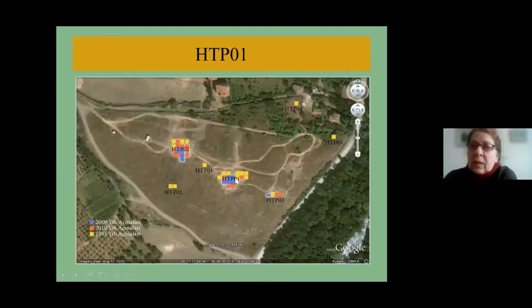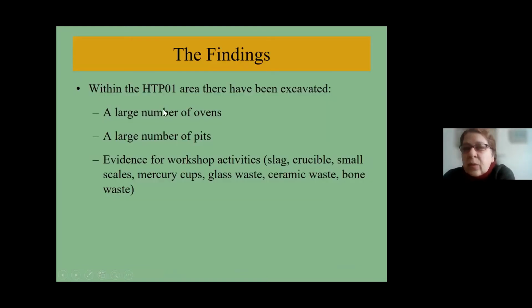At the top of an acropolis, we have a workshop located here, which has a very large number of ovens, pits, and various waste of the workshop: glass waste, ceramic waste, bone waste, mercury cups, slag, and all sorts of these things.